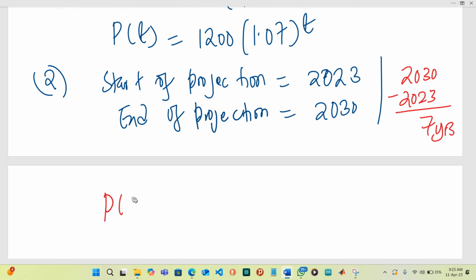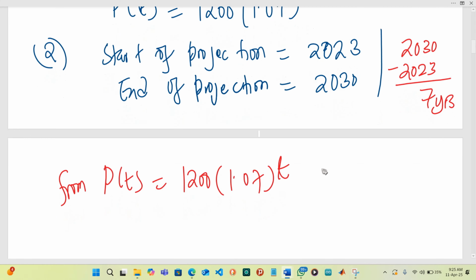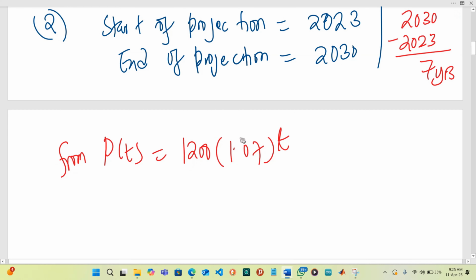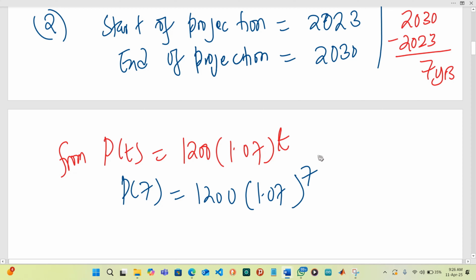Therefore, from P(t) = 1,200 into 1.07 to the power t, we shall just substitute in the value of t. So P(7) will be 1,200 into 1.07 to the power 7.